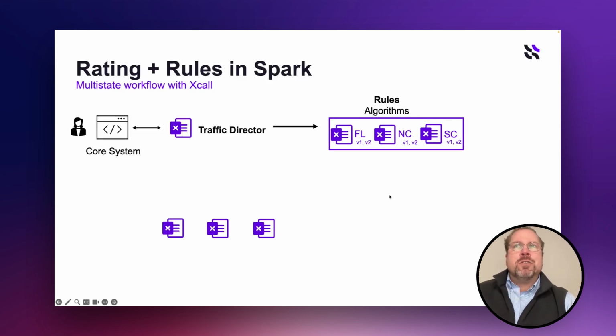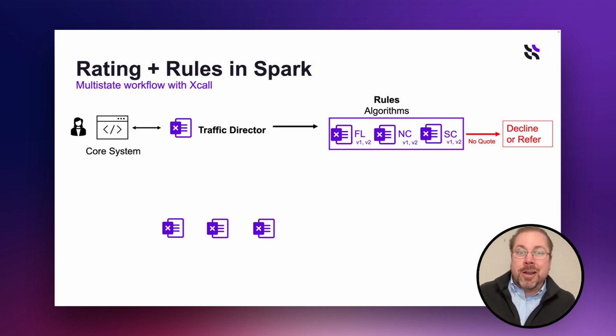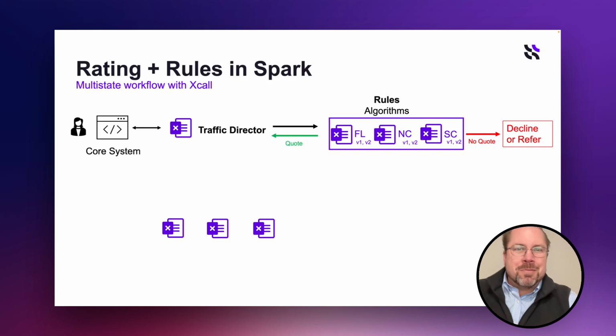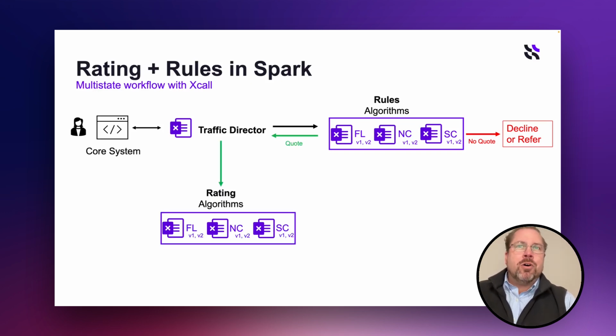So the traffic director is going to take the set of inputs from the core system again, and it's going to say, oh, this is a North Carolina property policy, and it is within a quarter mile of the coast, therefore I'm just going to decline this right out of the gate without even pricing it. Or it might say, okay, this is a North Carolina property policy and the distance from the coast is many miles, therefore we're going to go ahead and quote it. And the traffic director then will call the North Carolina rating algorithm, and it'll call the correct version, of course, as well, and return the premium back to the core system.